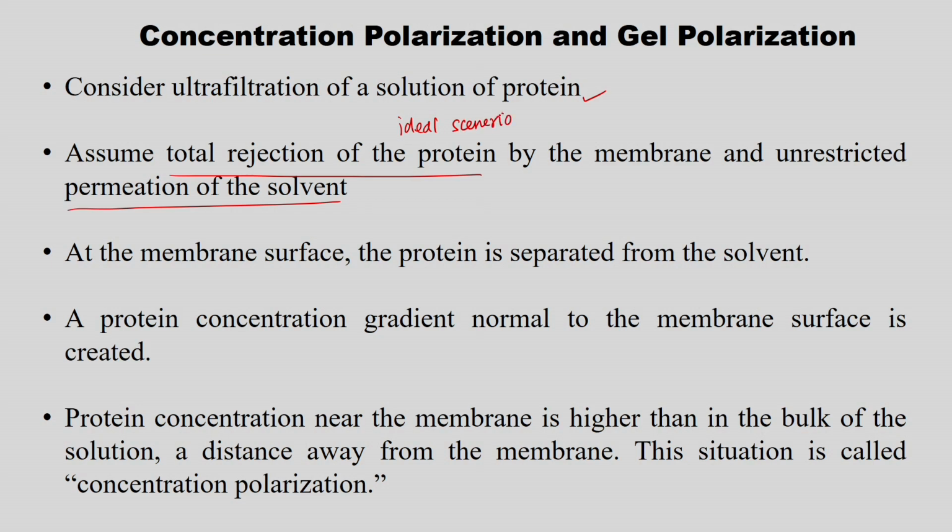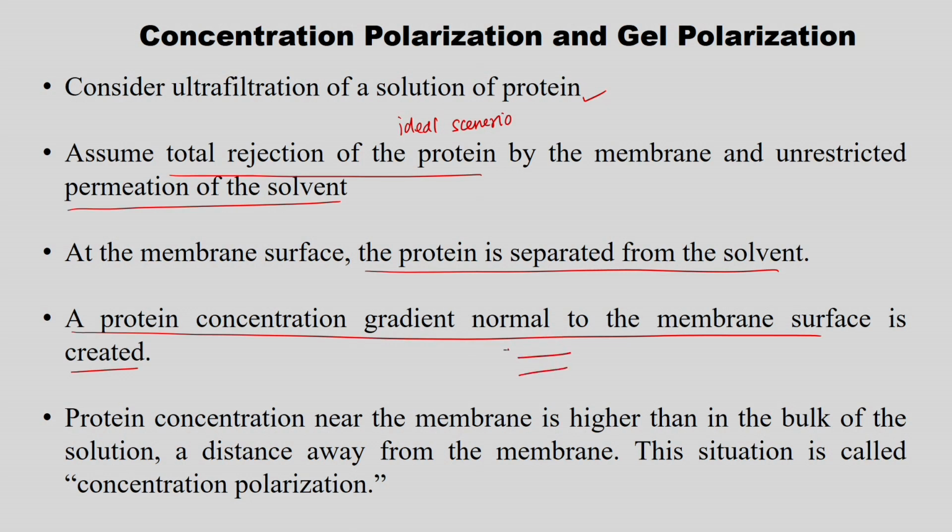At the membrane surface, protein is separated from the solvent, and a protein concentration gradient normal to the membrane surface is created, due to which only the solvent is permeating.